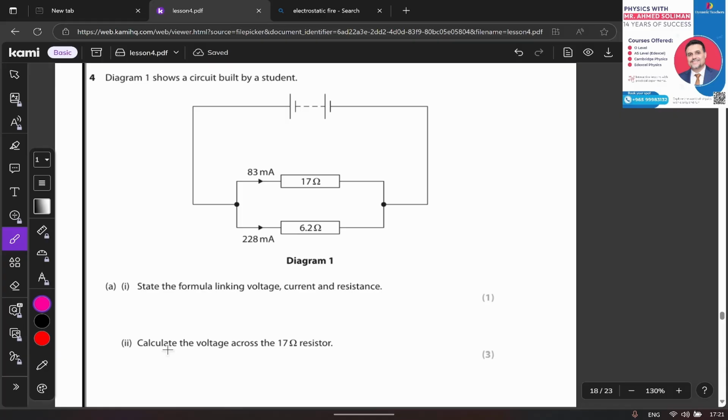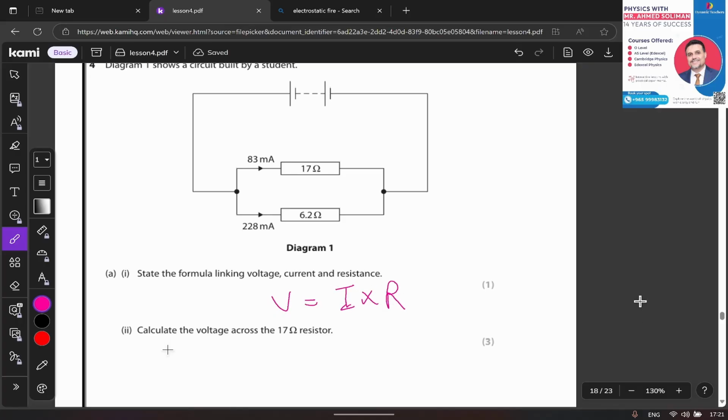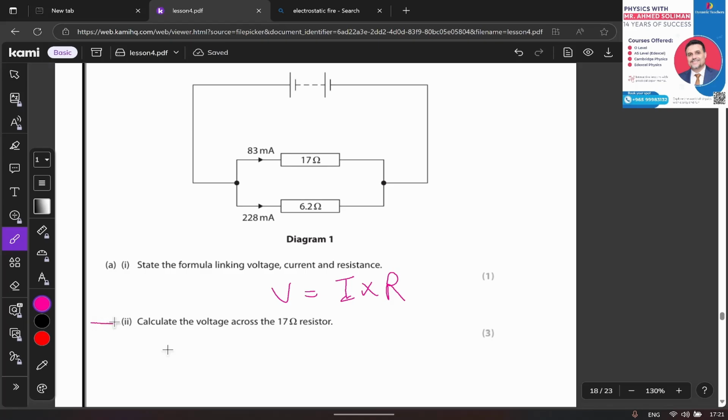Diagram 1 shows a circuit built by a student. State the formula linking voltage, current, and resistance. Voltage equals current times resistance. Yes. Calculate the voltage across a 17 ohm resistor. So they gave us the current and the resistance. So convert the current into amps by dividing 83 by 1000.